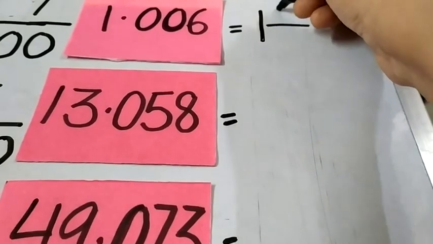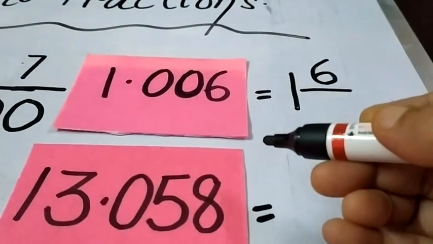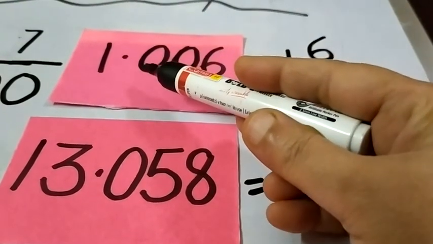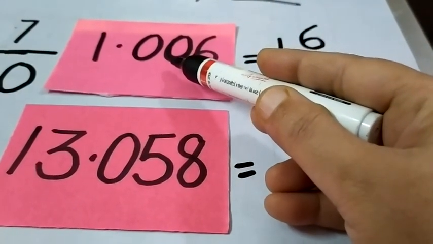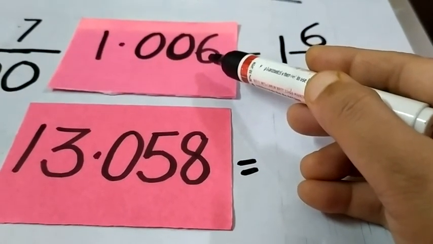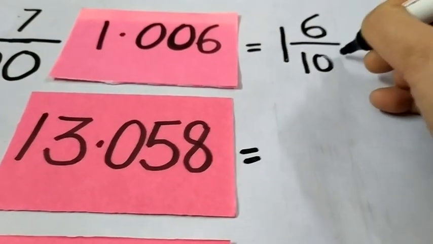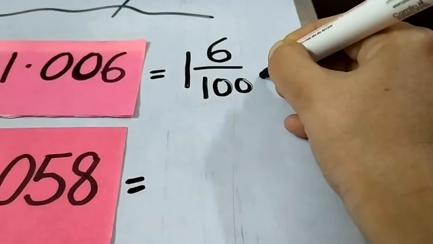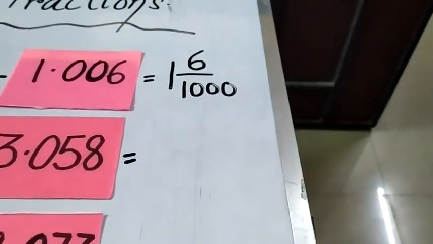So it is 6 here. Numerator is 6. This will be the numerator, and denominator is, we will read the names of the places. This is 10th place, this is 100th place, and this is 1000th place. So the last place is thousands. So we will write thousands as denominator. And this is my answer. 1 and 6 upon 1000.